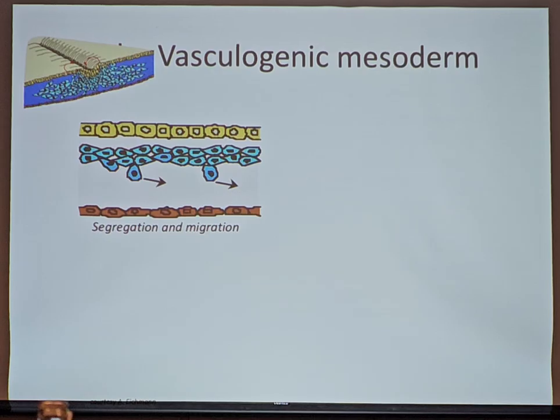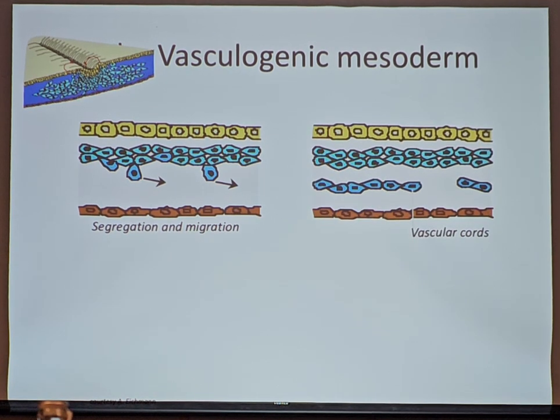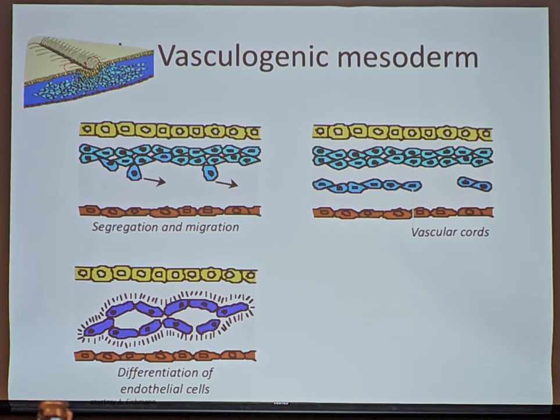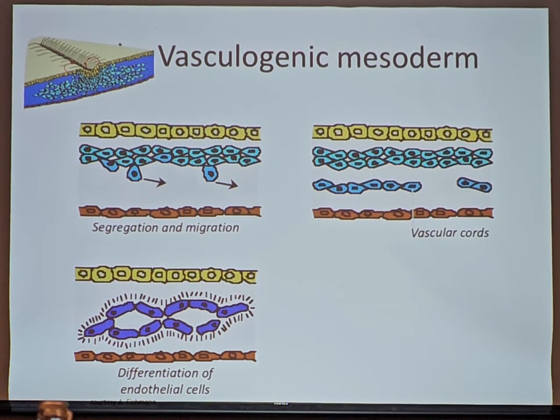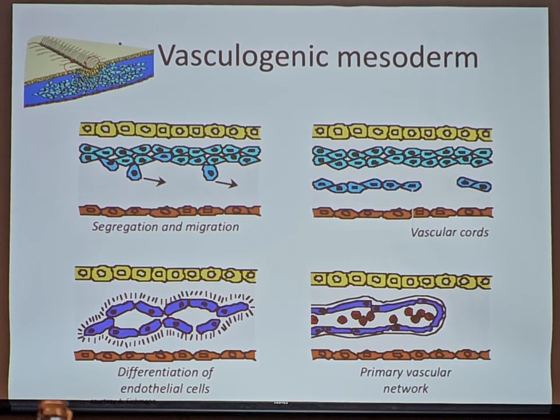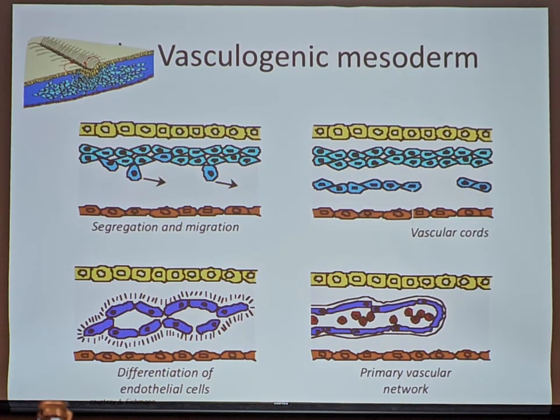Now what happens if this is your ectoderm, this is your endoderm, this is your mesoderm? Certain cells will segregate from the mesoderm and migrate towards the endoderm. While they are migrating towards the endoderm, they will form vascular cords, and these vascular cords will coalesce to form endothelial cells and the primary vascular network.